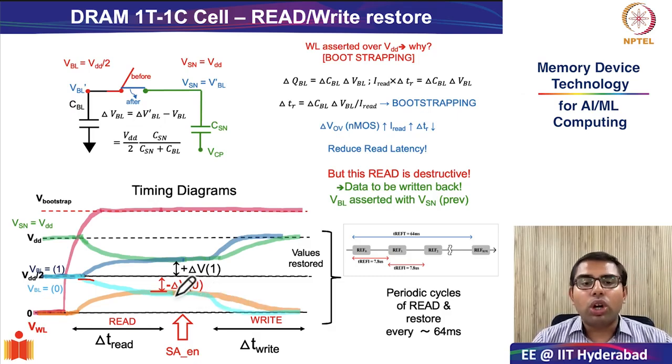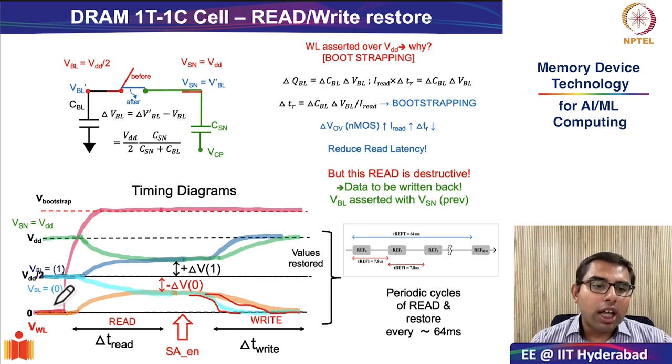And in the write restore, since negative VBL was developed and sensed by the sense amplifier, it will again assert back the original value of the storage node on the bit line. So the bit line is again charged back to 0, and as a result, because the word line is asserted, they are not isolated, they are connected to each other, and slowly the storage node value will also go back to the value of 0.